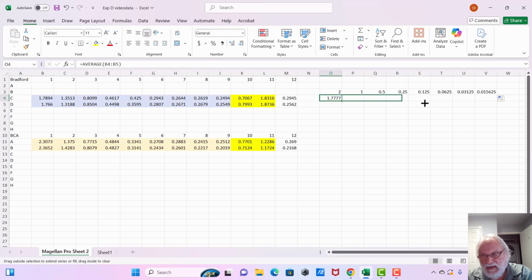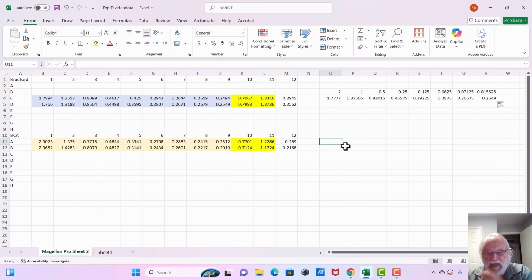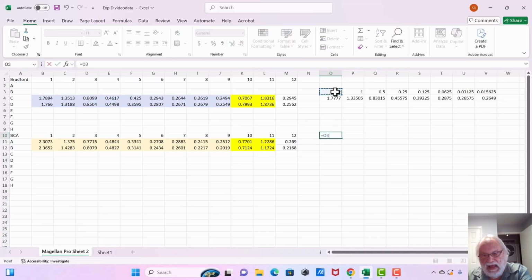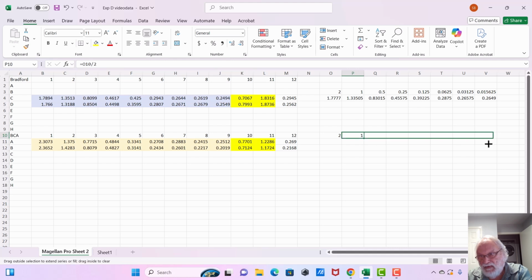We'll take this down, that same value there. And while I'm doing a comparison, I want to make sure that I process all the data the same way. So I'm going to do the same thing. It's equal to that, enter, is equal to this divided by 2, hit enter, and then drag that over to here.